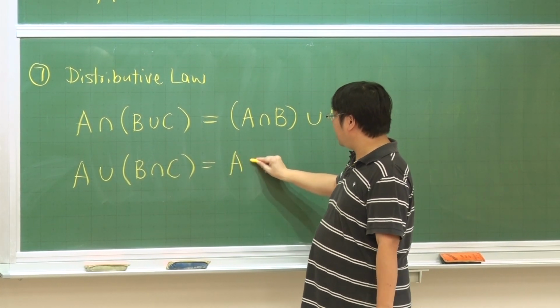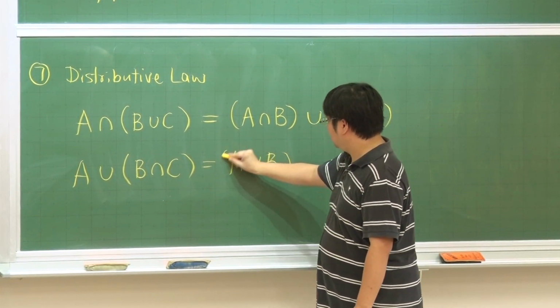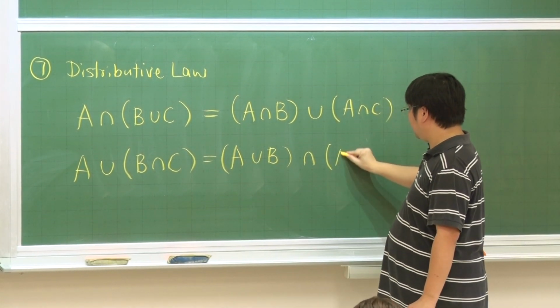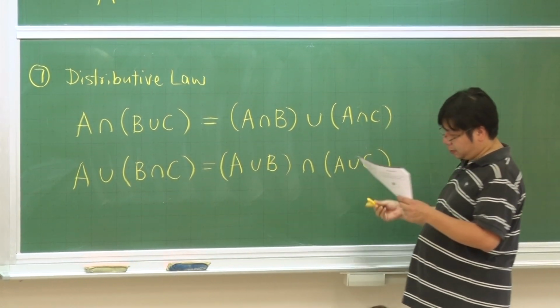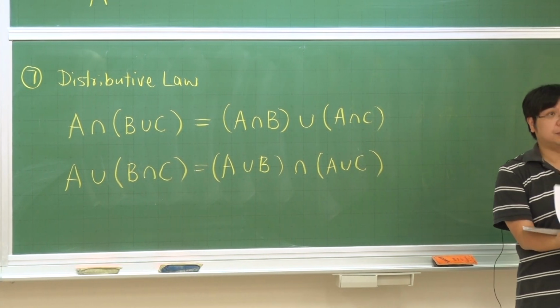So this is going to be A union B intersect with A union C. Okay, so this is the distributive law.